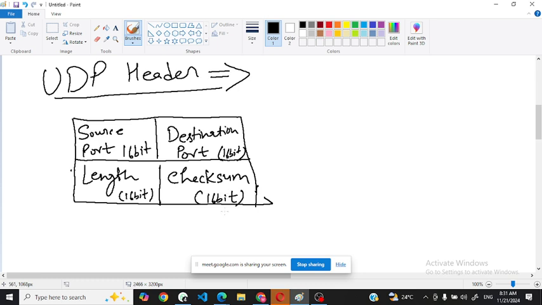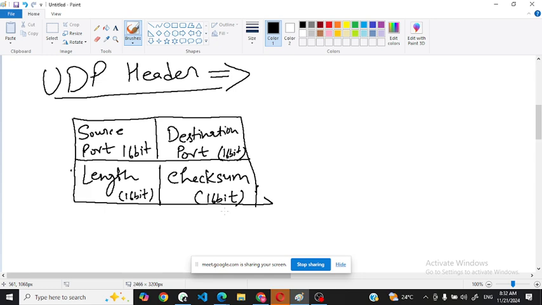Lakshman, by seeing these four fields, would you like to explain them? Yes, sir. These fields are already in the TCP header. Yeah, that is why I am saying. Explain about these four fields.